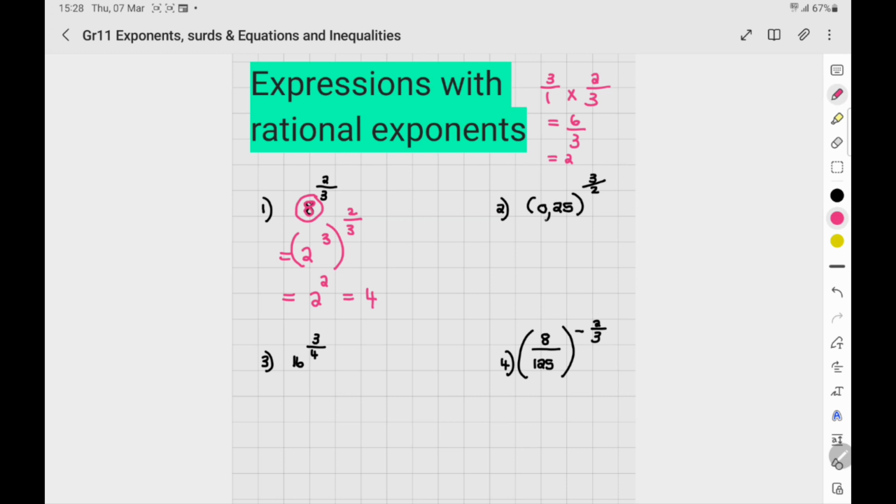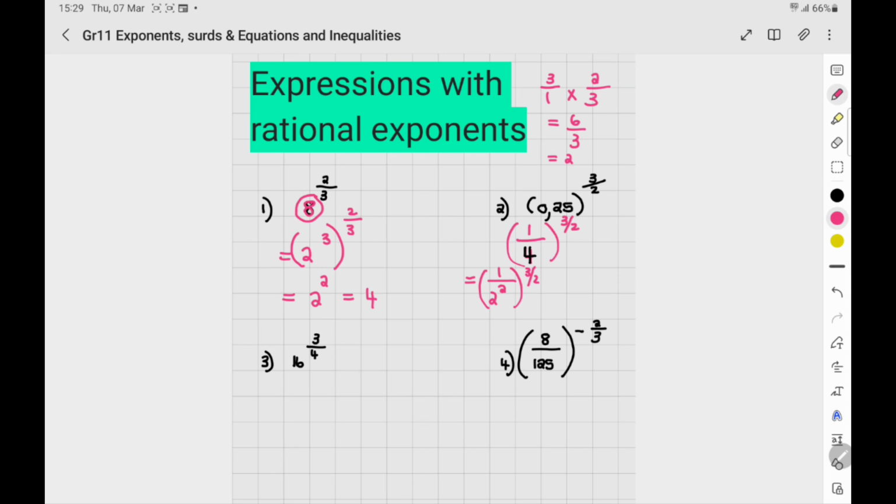Not too bad. This 0.25, I know that 0.25 written as a fraction is a quarter, and that is raised to the power 3 over 2. Again, look at that 4. It is not a product of its primes, so I'm going to change it into a product of its primes. So 1 over 2 to the power 2, all raised to 3 over 2.